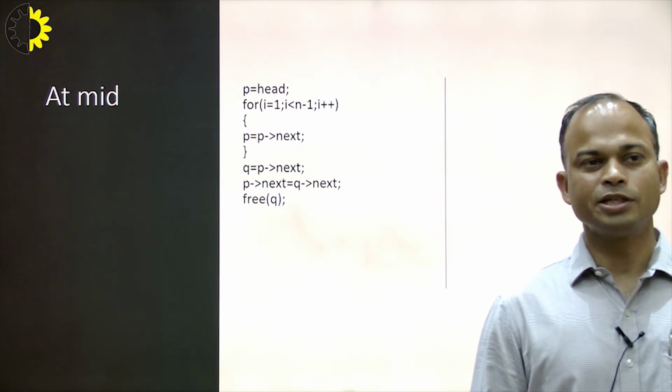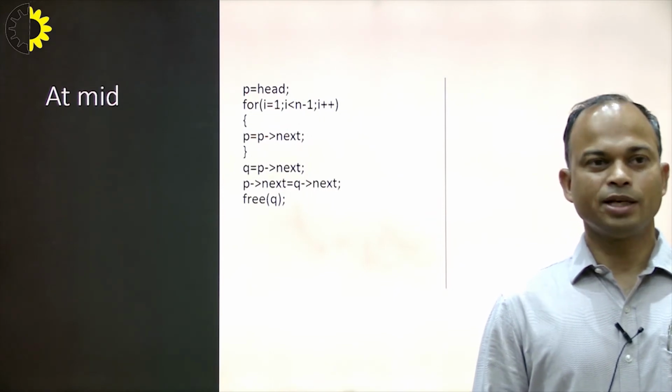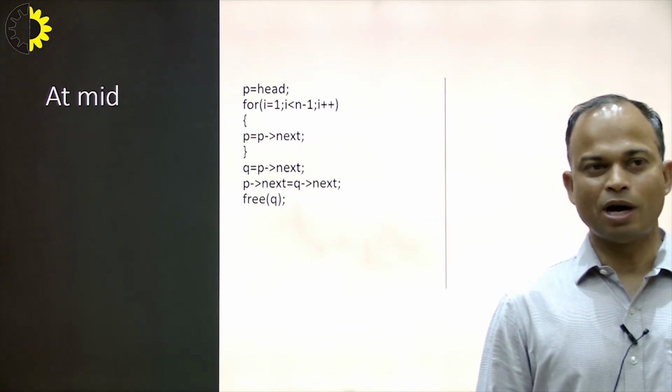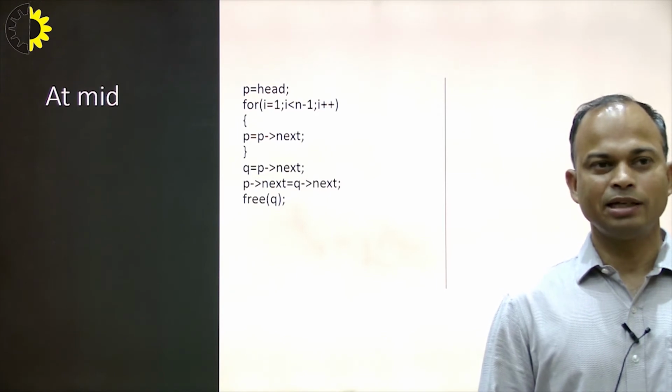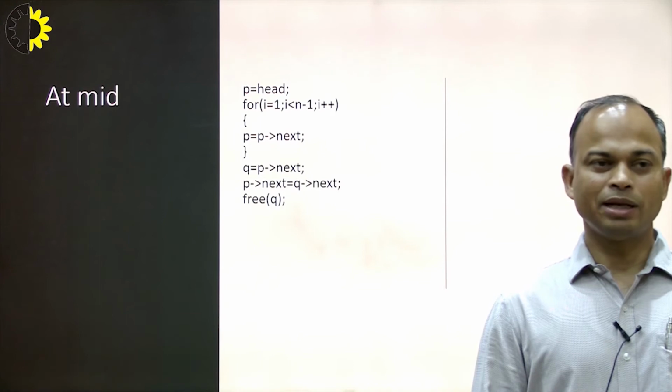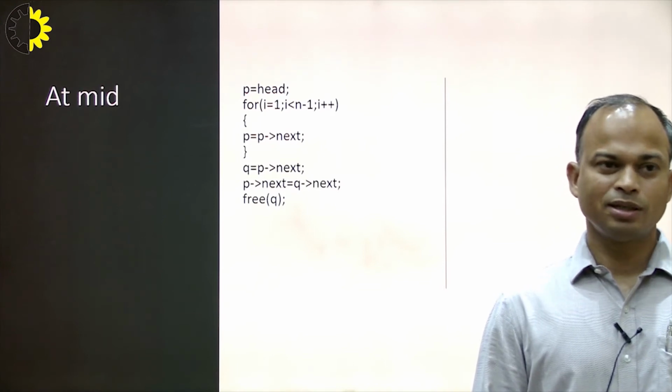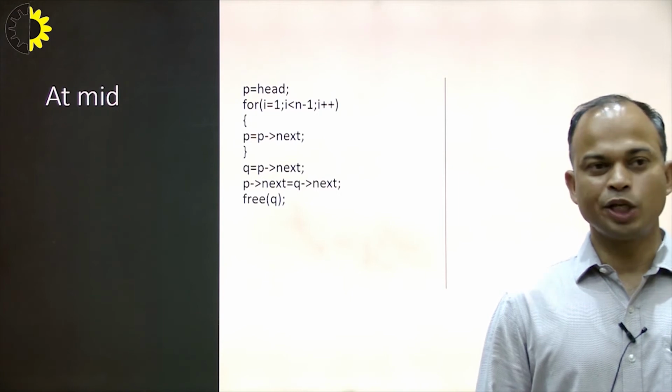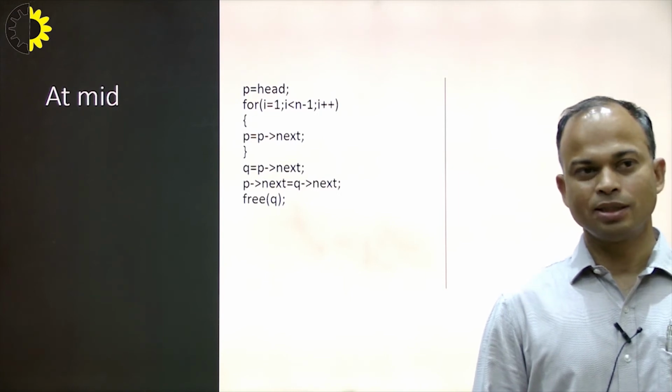And this is the code: p equals head, i equals 1, i less than n minus 1, i plus plus, p equals p arrow next. Using the pointer p, we have the address of the just previous node. Then q equals p arrow next.